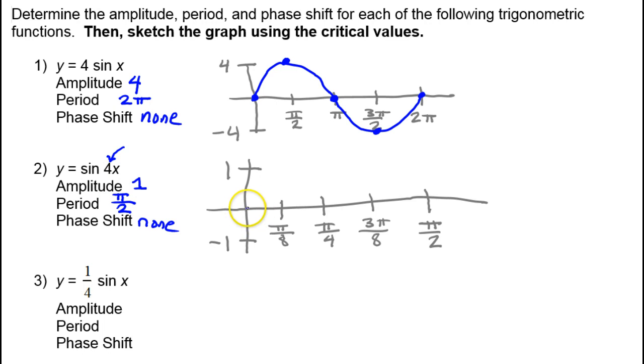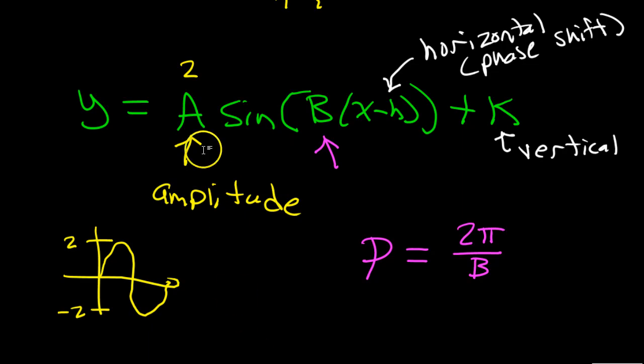This is a sine function, so again it's going to start from 0 every single time. So there's no reflection over the x-axis. By the way, I keep mentioning that. If you see a negative sign sitting here in front of the a value, or you could just say if the a value is negative, this negative sign means it's going to be a reflection over the x-axis.